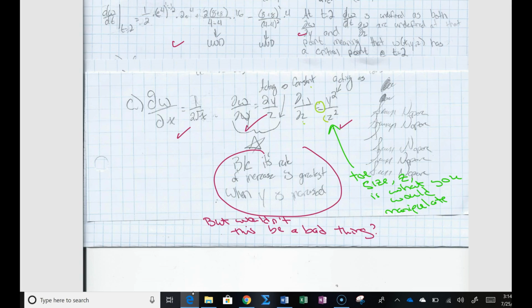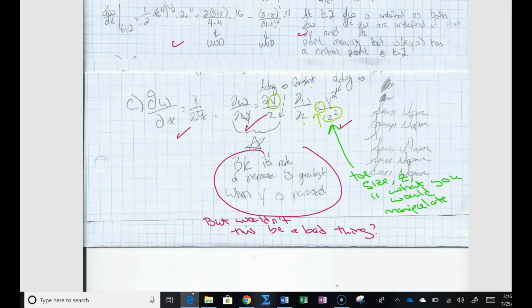And look where the independent variable Z is as opposed to the independent variable of Y over here. First of all, the dW by dZ is negative. Do you see how the Z value being squared in the denominator will get this rate to 0 very, very quickly?